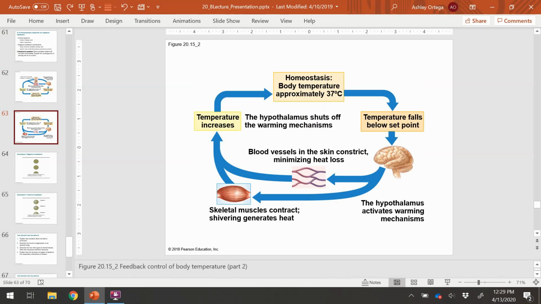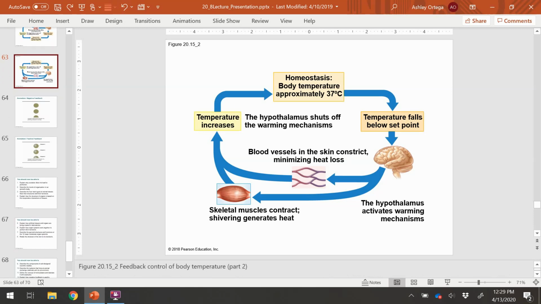And so the opposite can happen as well. Say a person goes outside and the outside temperature is very, very cold, say 30 degrees Fahrenheit. Without insulation, that temperature is going to start falling. The hypothalamus will detect that change and then activate warming mechanisms of constricting blood vessels to minimize heat loss, and then contracting skeletal muscles in shivering that will generate heat to increase the temperature.